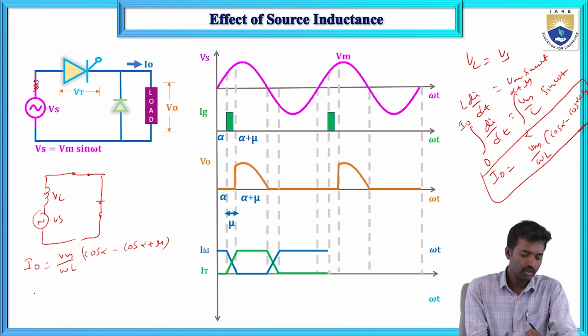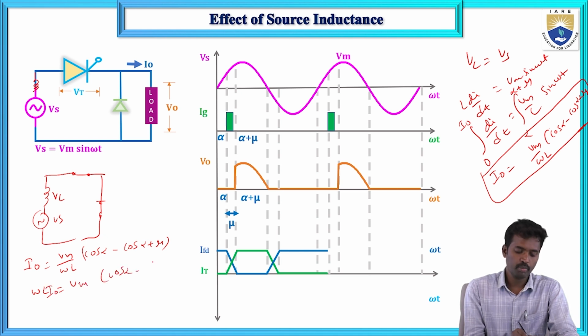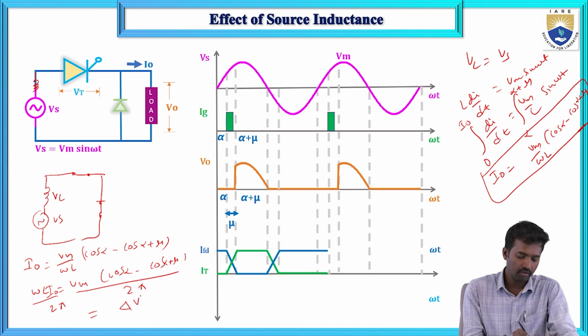So omega L times I naught equals Vm times (cos alpha minus cos(alpha plus mu)). Now divided by 2 pi, this is the delta V naught.